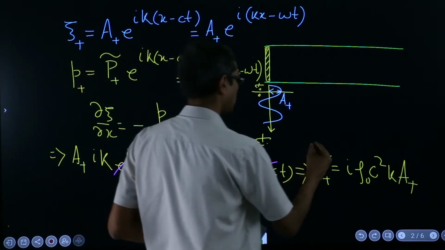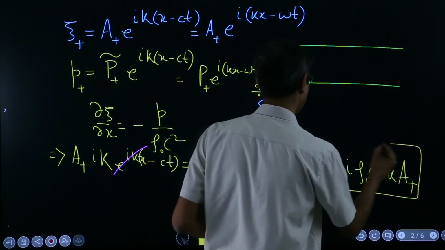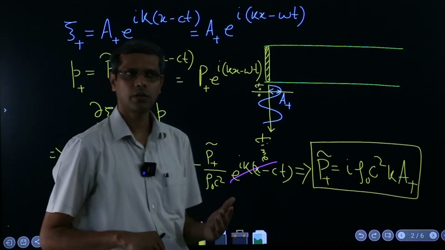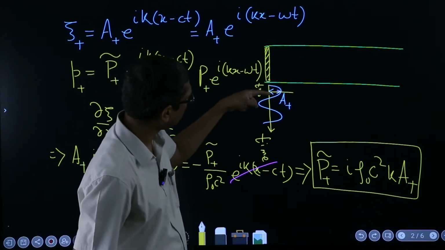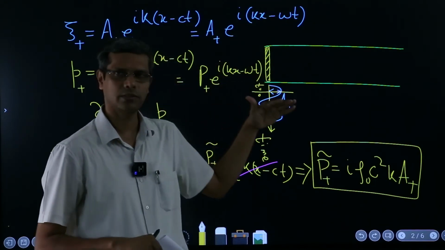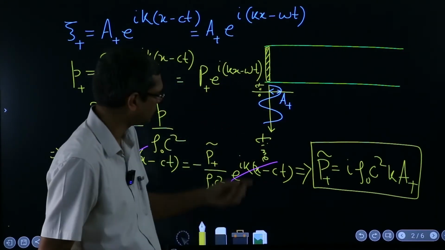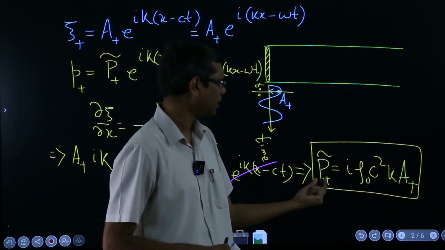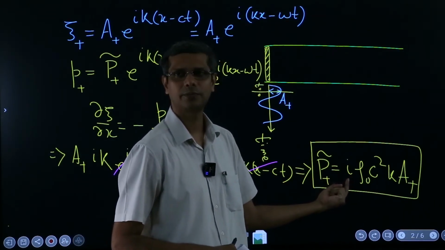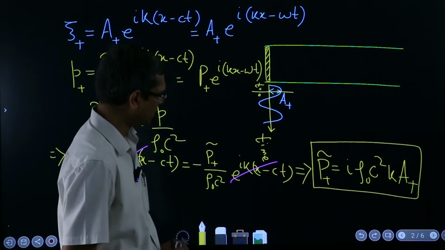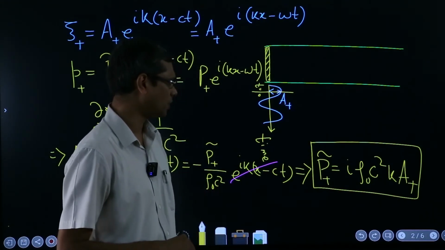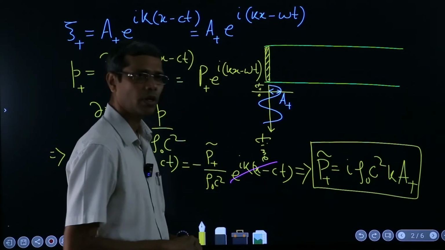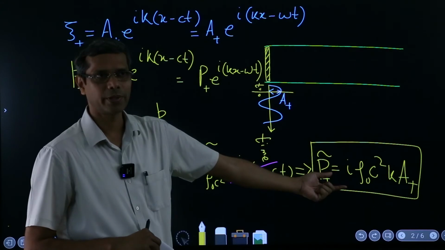So this is what I was talking about, that you chose a plus to be a real number, that cos actually started without any phase lag or lead to start with, okay, and then you will get p with an i here. So that means you're multiplying with i, there is a phase of pi by 2.